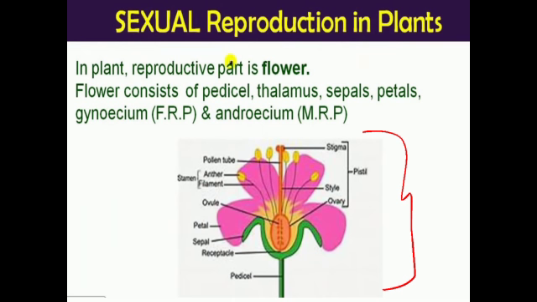You have already studied the different parts of a flower, right? Sepals, petals, stamens and pistil. Stamens and pistil are the two reproductive parts of a flower, which contain the germ cells.